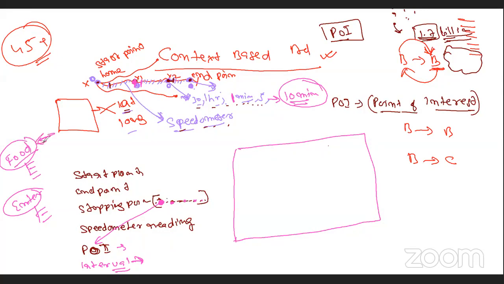First of all, I will try to identify what the user interest is, because I have the user's historical information. I know where the user stopped last Monday, and the Monday before that. I have an idea of what all activity the user has done, where he has parked the vehicle in front of which businesses, how much time he has spent in front of a particular business, and which category that business belongs to.